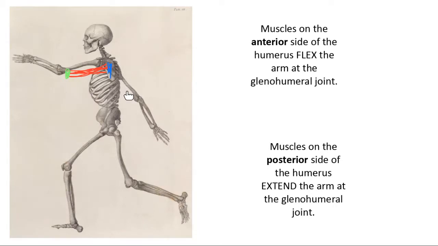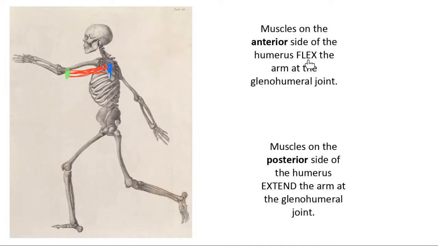Flexion. So just like it was down here with the femur, the guys who do flexion are the ones that live on the front. Just like it was when we were talking about down here with the wrist, the muscles that live on the front side do flexion. Generally in the body, muscles that live on the front side do flexion.